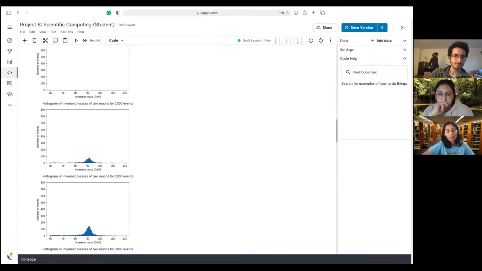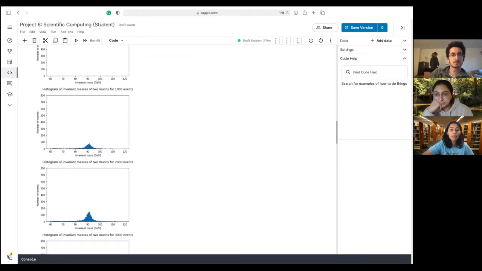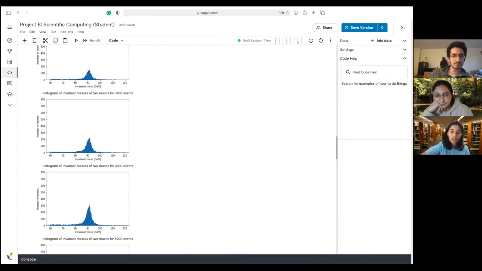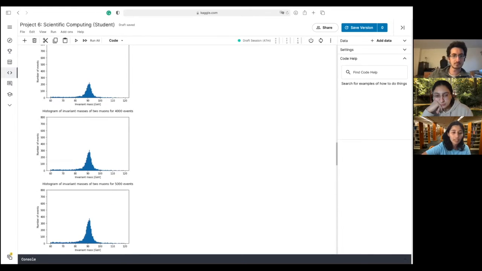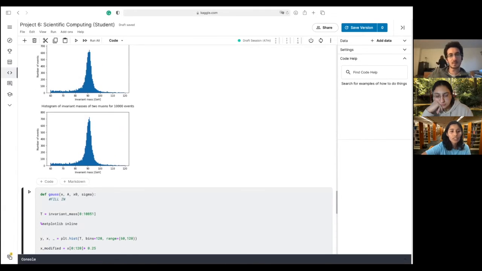So we try to increase the number of events and improve our statistics to be completely sure that there is something going on in this particular invariant mass. That's how we go forward. And finally, with the largest number of events, it just peaks up here.